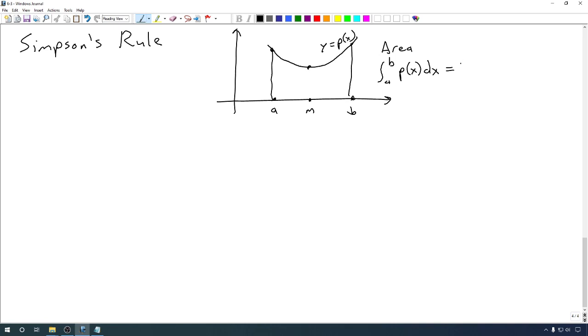I'm not going to derive this or derive what that quadratic actually is. Just kind of take my word for it. It's not too difficult, but I don't want to spend time on it. It's actually equal to b minus a over 6 times the value of p at a plus 4 times the value at m plus the value at b. So the values at the 2 endpoints added to 4 times the value at m, times a factor here.